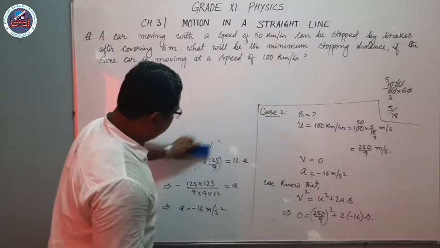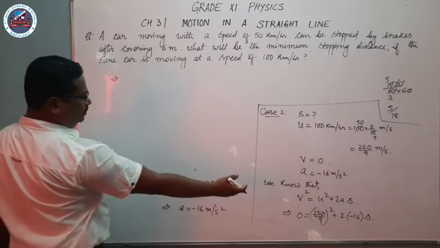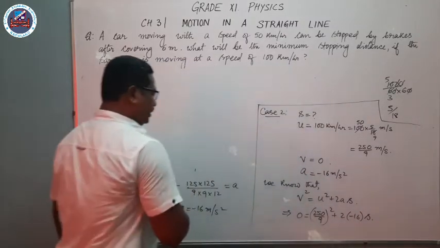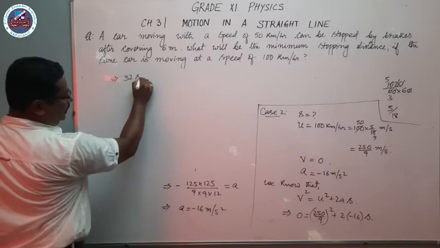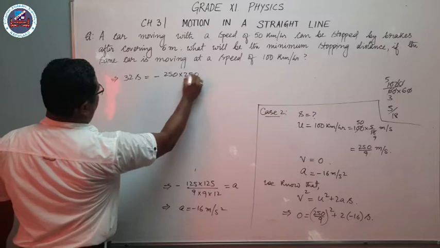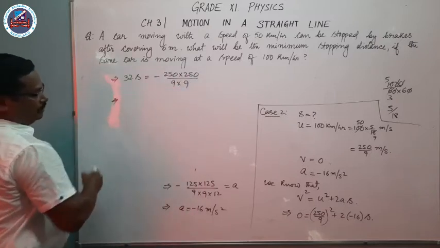Now you bring the minus term to your left, and it will become plus. 16 twos are 32. S is equal to 250 into 250 divided by 9 into 9, because it is given in squared form.